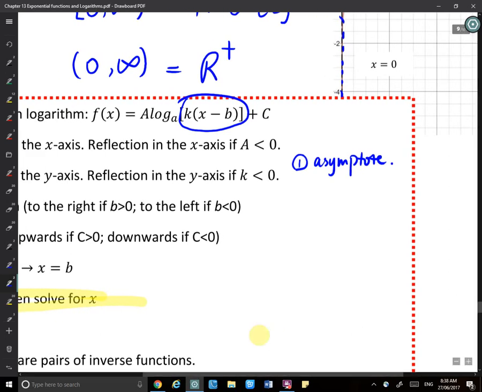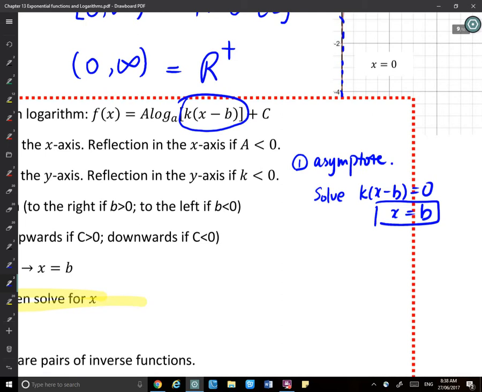The asymptote is found by solving kx minus b equals 0, so x equals b. So x equals b will be the asymptote.